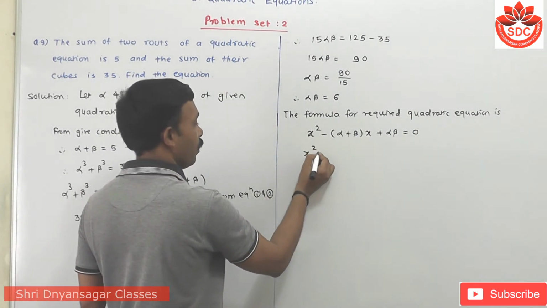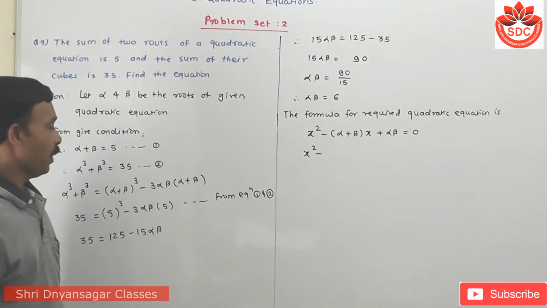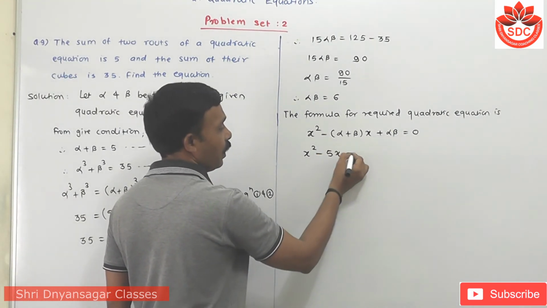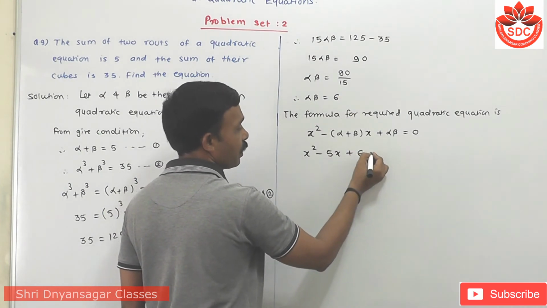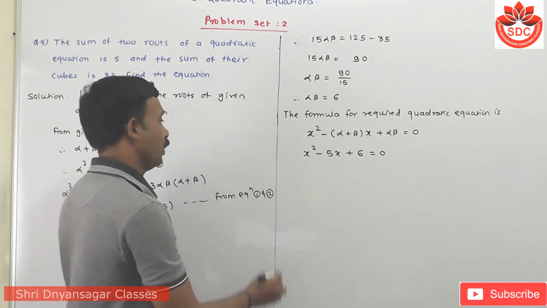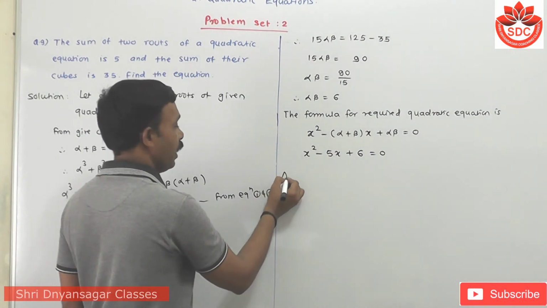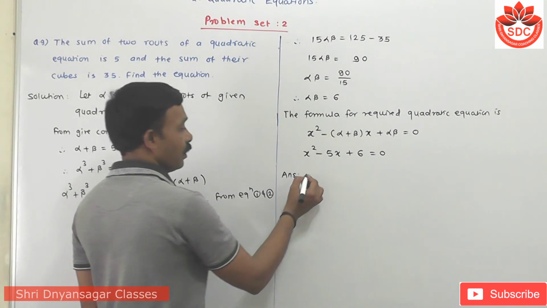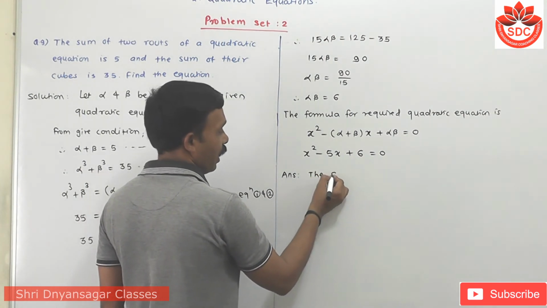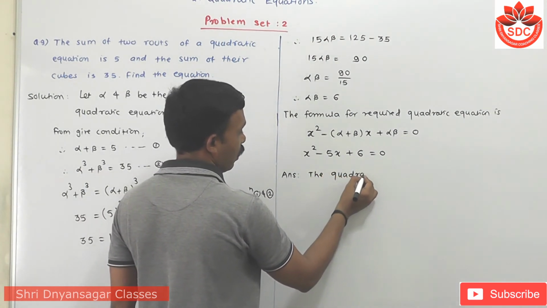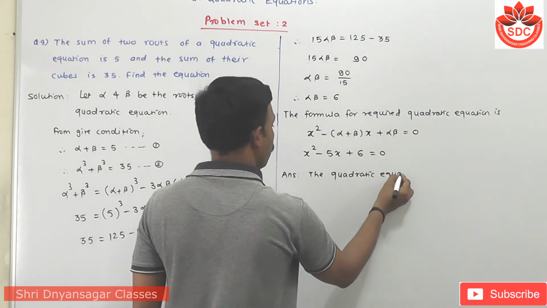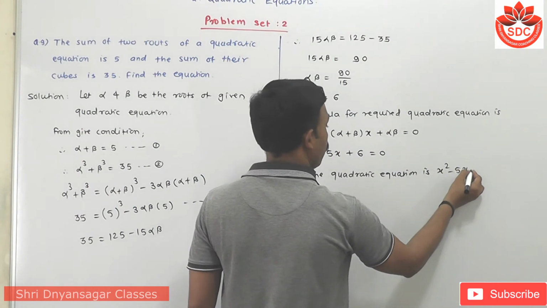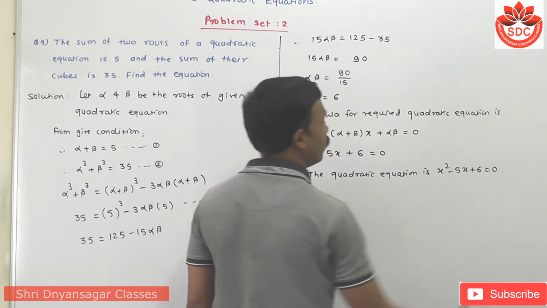X square minus alpha plus beta, which is 5, into x plus alpha into beta, which is 6, is equal to 0. This is our required equation. So write the answer in a full sentence. Answer: the required quadratic equation is x square minus 5x plus 6 is equal to 0.